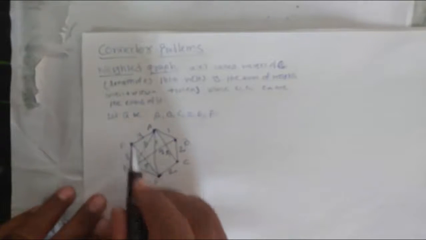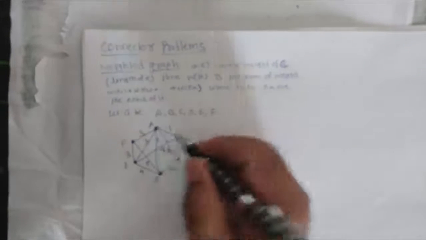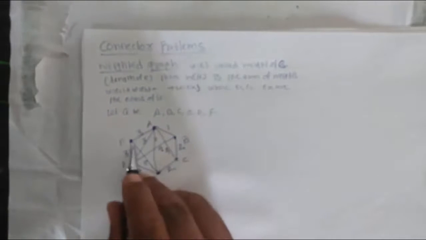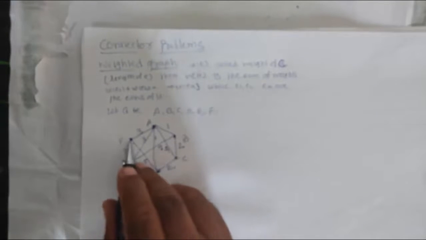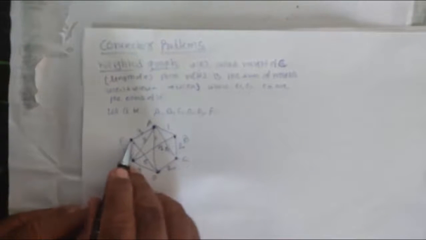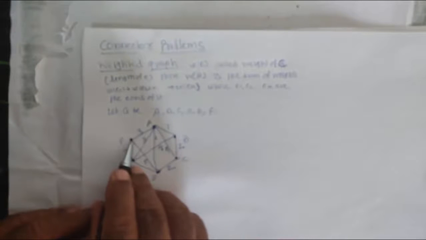The absence of an edge from C to F means there is no pipeline.